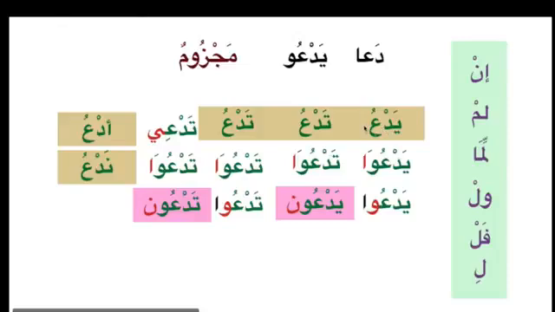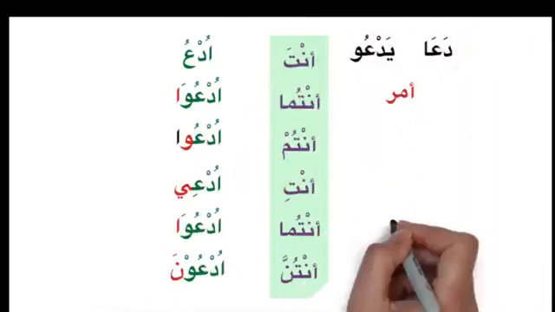So yad'uwa will become yad'u, tad'uwa will be tad'u, and tad'uwa again will be anta tad'u, lam tad'u, you did not invite. Ad'u, nad'u, and everything remains the same. This is how, when there is a naqis fi'l in the majzoom, you can see it is a change where the harf illa is dropped, so we need to remember that inshallah.